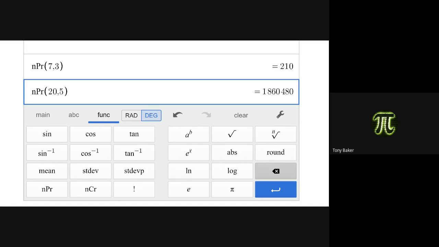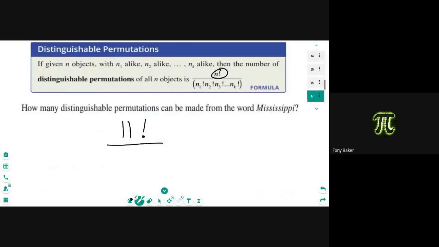So how many total letters are in Mississippi? 11. So I have 11, and that little exclamation point is called a factorial. 11 factorial. All right, so I got 11 factorial.